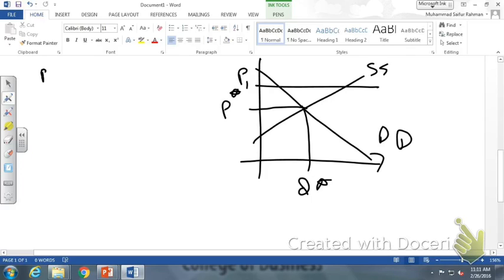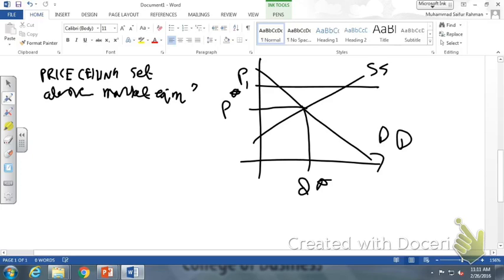So, price ceiling set above market equilibrium, and we want to understand what is the effect. Anyone? What happens to the market if the price ceiling is set above the market equilibrium price at P1?